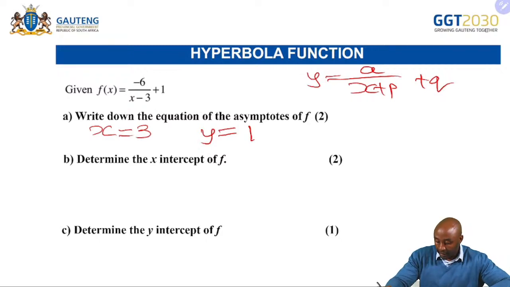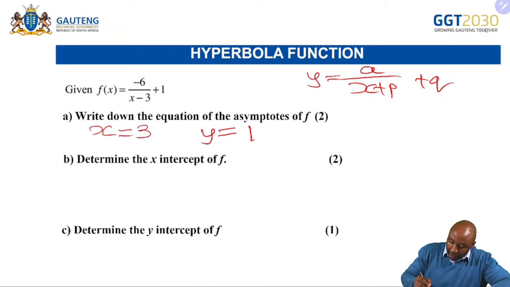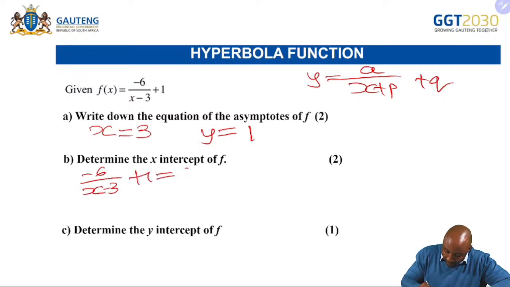Determine the x-intercept of f. To get the x-intercept, we know that our f of x is equal to 0, so we are calculating negative 6 over x minus 3 plus 1 is equal to 0.